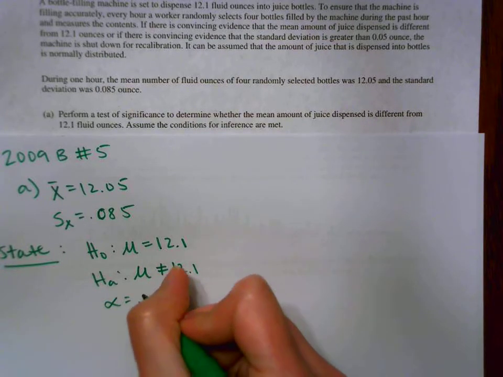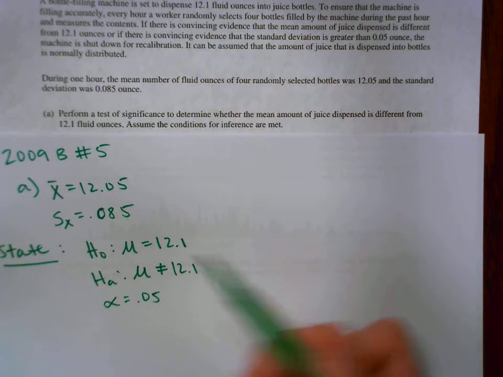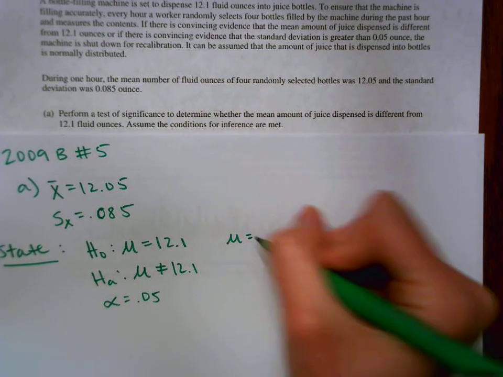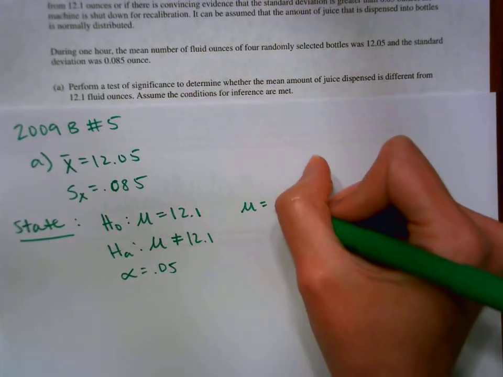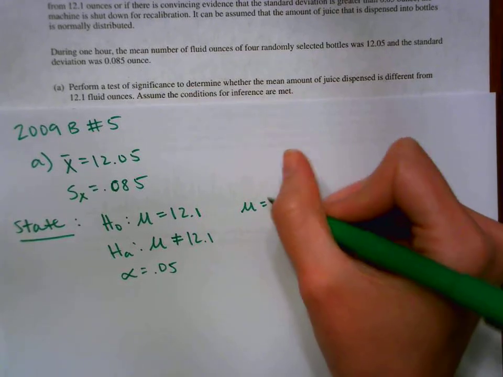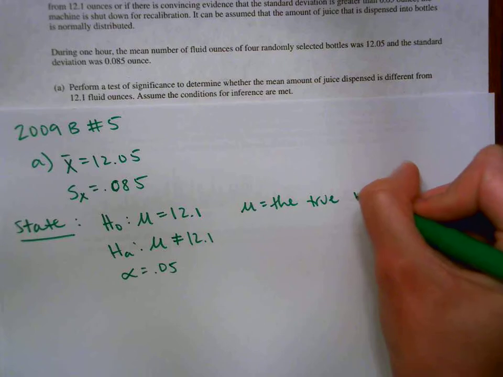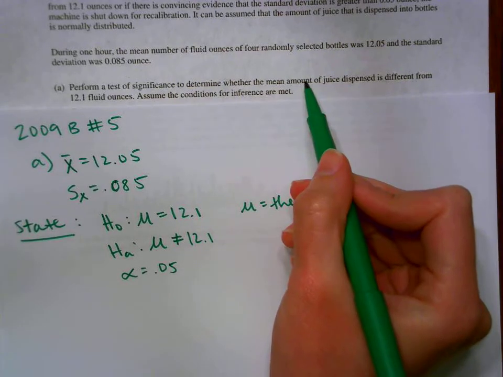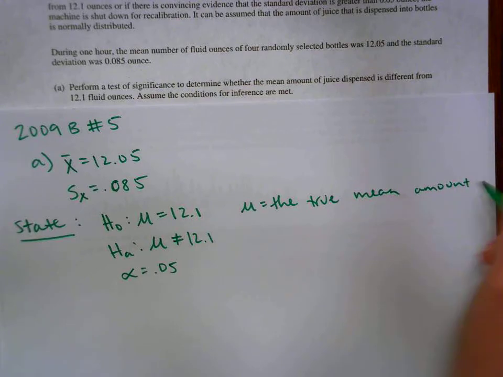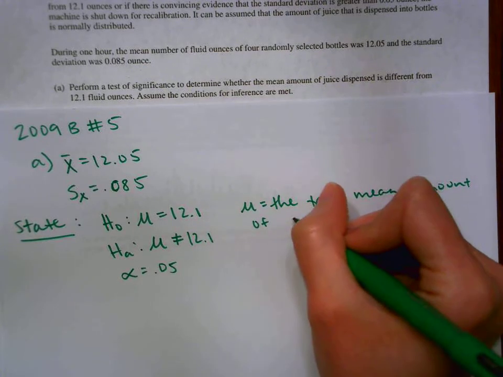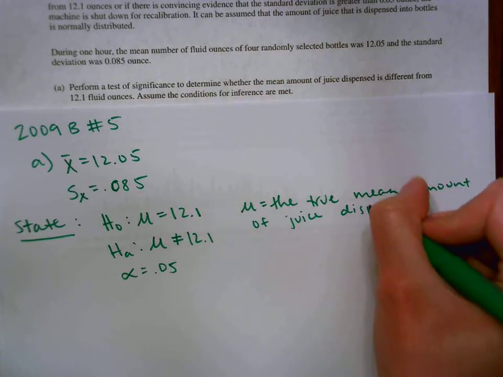Oh, and I almost forgot, one of the most important steps is defining that mu, right? What is mu representing? The true mean, or the population mean. Try to use true or population to make sure you don't mess up. True mean, and then I would just use your sentence: amount of juice dispensed.